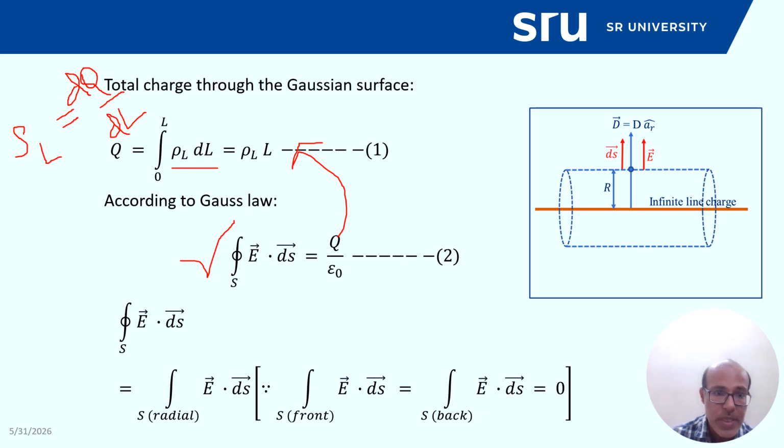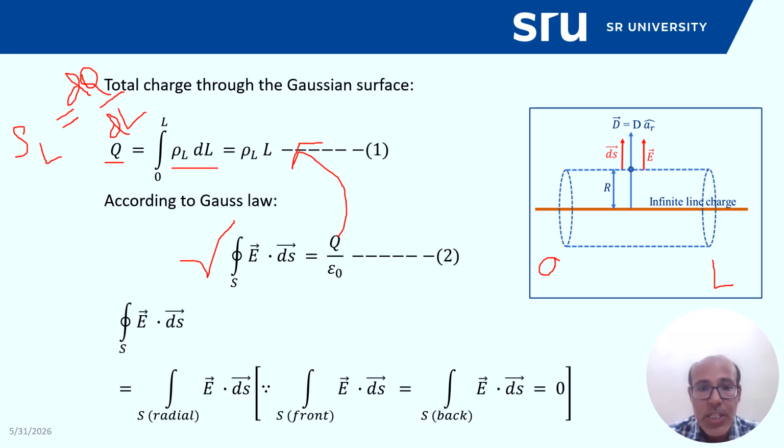But we want Q, so you integrate dq; the integral of dq is Q. Q is equal to the integral of rho L dl. What is the limit? 0 to L, because the length of the cylindrical Gaussian surface is 0 to L. If one side of the cylinder is 0, the other side is L. So we can't write Q directly; it is a line charge, therefore Q must be modified as the integral of rho L dl.